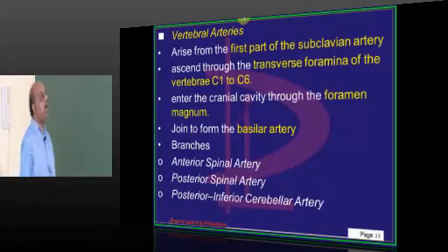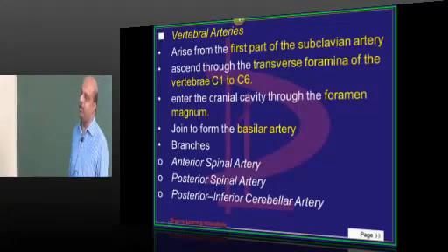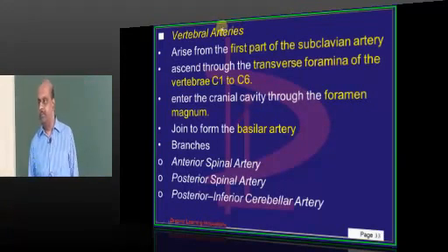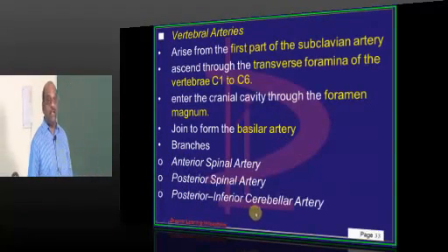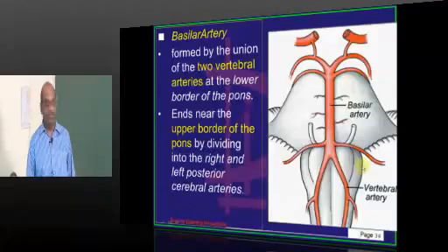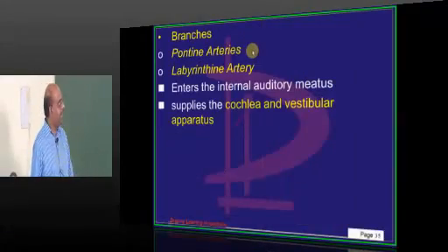And what are the branches of the vertebral before it combines to form the basilar? Anterior spinal artery, posterior spinal artery, and posterior inferior cerebellar artery. They are all the branches of the vertebral artery directly.